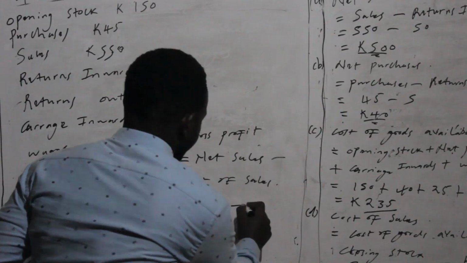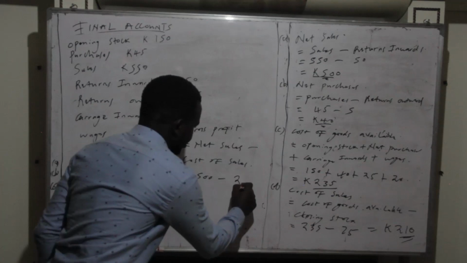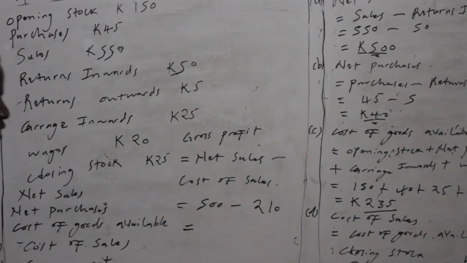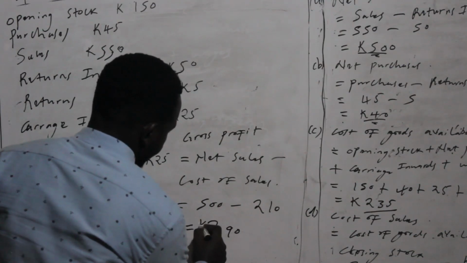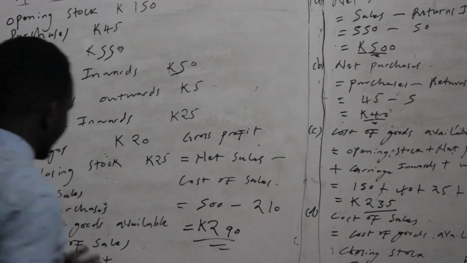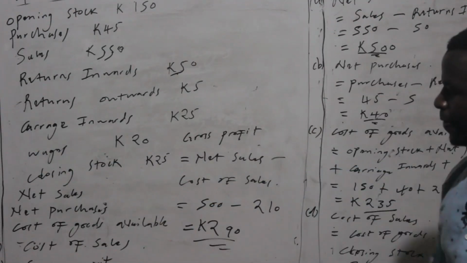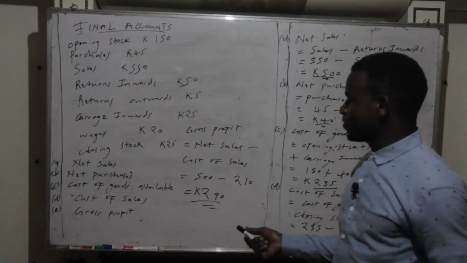So we say 500 minus cost of sales. Cost of sales we had calculated as 210. So 500 minus 210 there we have 290 kwacha. So that's how you can calculate the net sales, the net purchases, cost of goods available, cost of sales, and the gross profit.